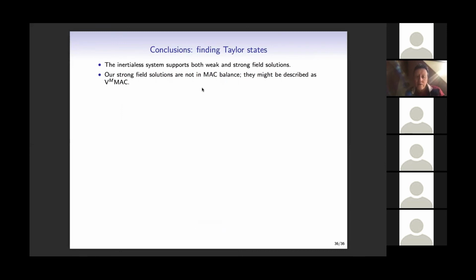So what we haven't found is Taylor states. So what have we found? We found weak and strong field solutions. Now our strong field solutions, we wouldn't say they're Mach, because in the magnetic component, they have to have the viscous term. In the thermal component, they don't.